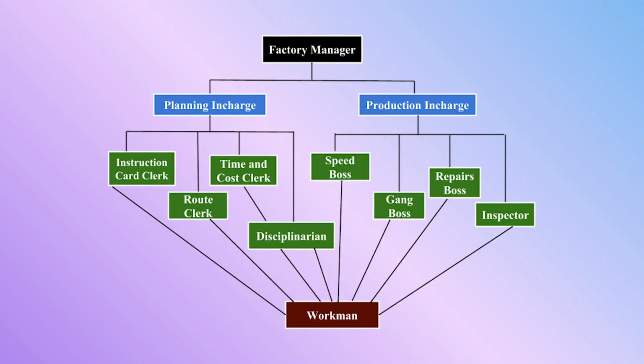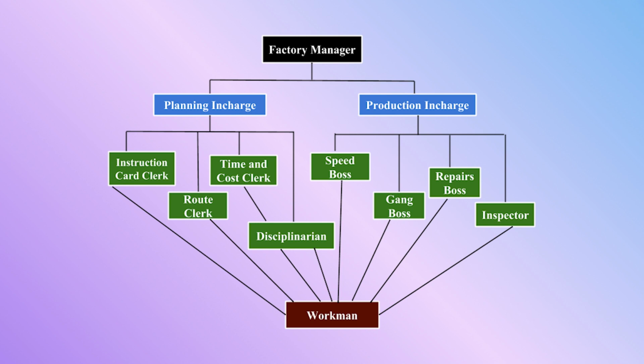See this picture. Under the factory manager, there was a planning in charge and a production in charge. Under planning in charge, 4 personnel, namely instruction card clerk, route clerk, time and cost clerk and a disciplinary worker.